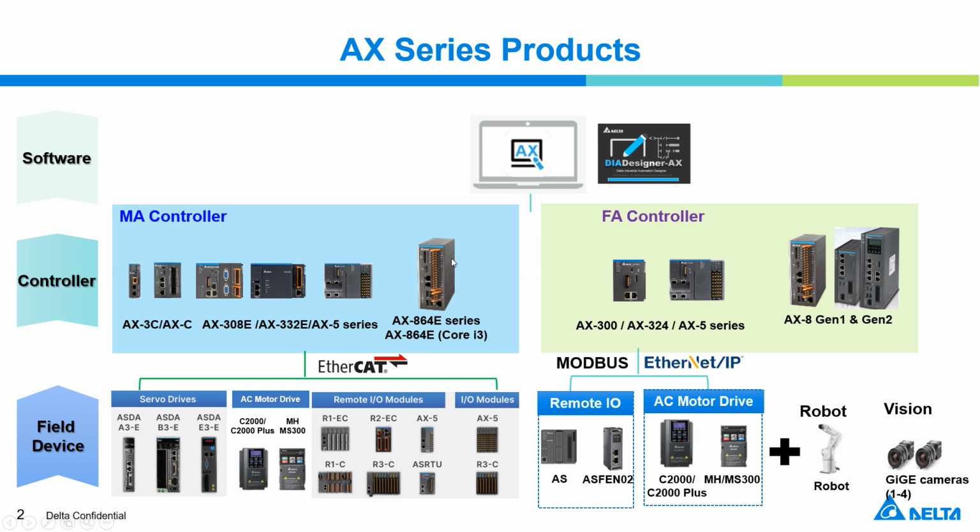I separate our AX controllers into different parts, and on the left side you can see we have the X3C, AXC, X3, X5, and AX8 for machine automation. They control slaves by EtherCAT, and can control servo drivers, AC motor drivers, and remote I/O modules, and the right extension I/O module.